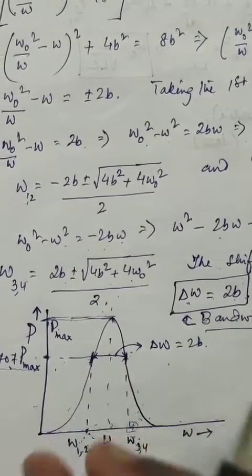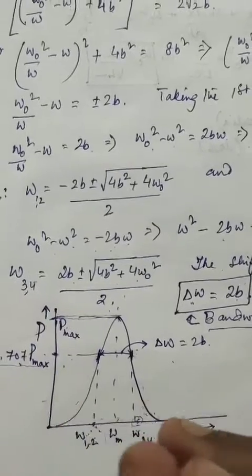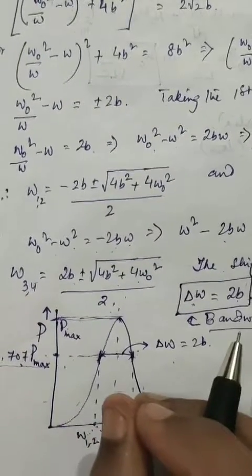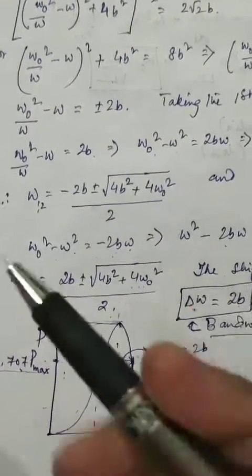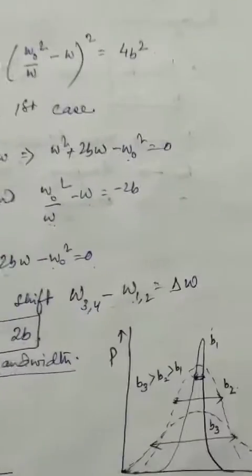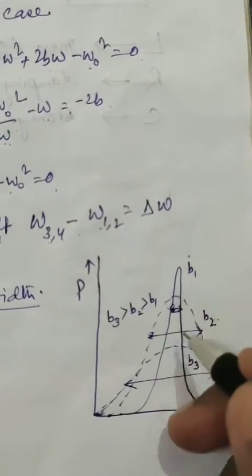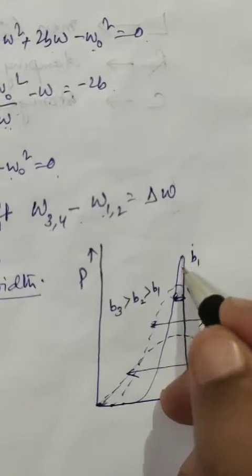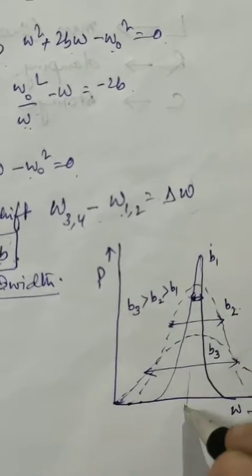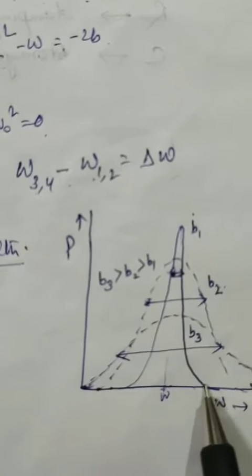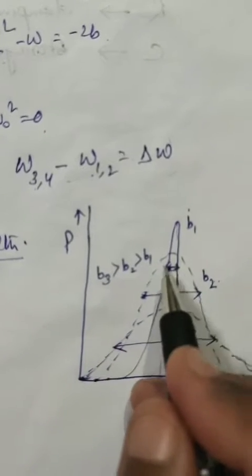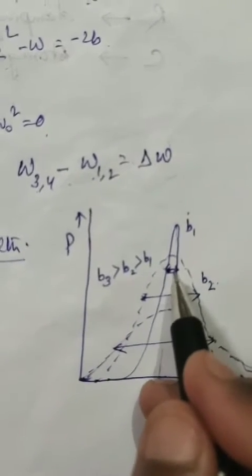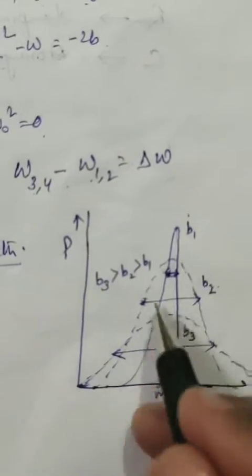That is, you want the circuit or the system to be very selective about the frequencies. That is, only if you apply a particular frequency, like in this case, you see this system is very selective about this frequency. If you go a little beyond this bandwidth, the power is very low. The system is not responding.